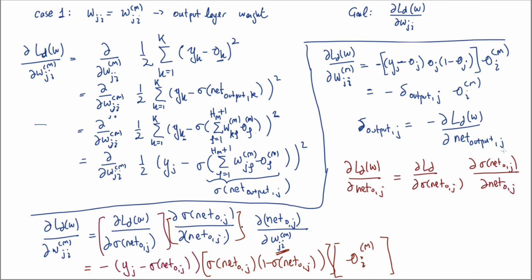So I can use the chain rule to compute this derivative. So this first step in computing the derivatives, where we had these two terms, actually gave us the derivative of the loss with respect to the net.